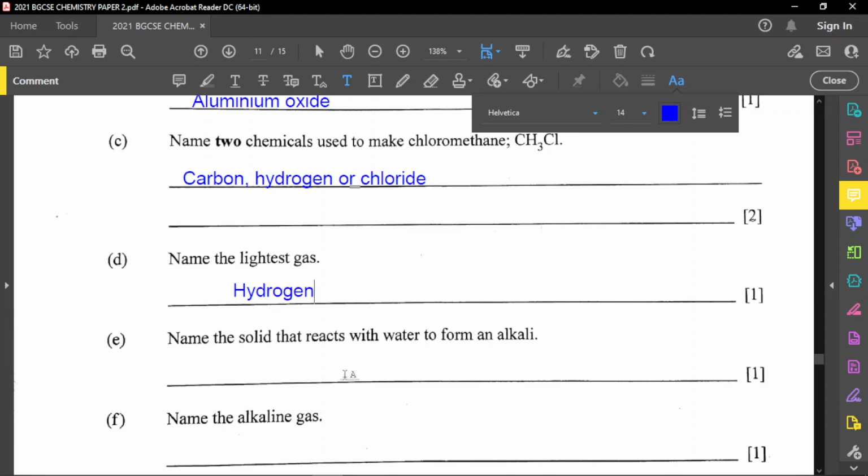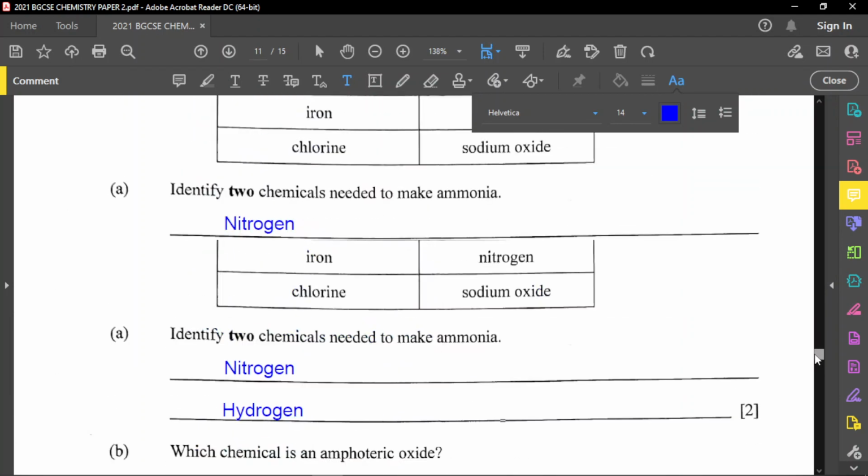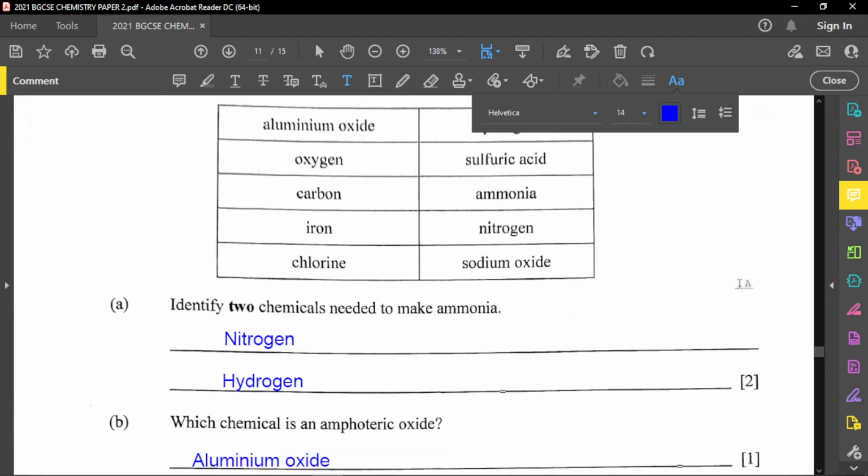Hydrogen. Next, name a solid that reacts with water to form an alkali. So the name of a solid that will react with water to form an alkali right here is actually going to be sodium oxide, right? All right, so sodium oxide, and I'm going to show you the reason why. It's in the chart, sodium oxide. So sodium oxide reacts with water to form an alkali.